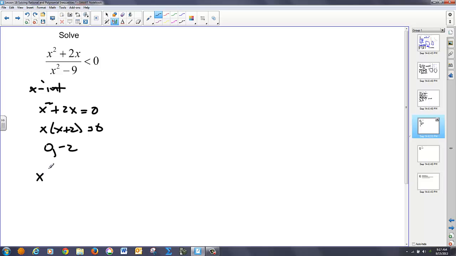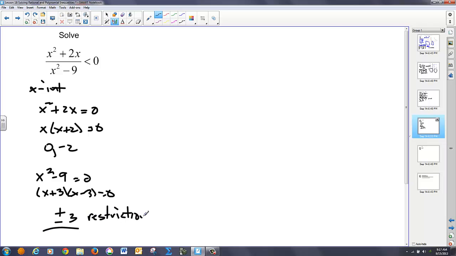I have x squared minus 9 equals 0. We get x plus 3, x minus 3, and plus and minus 3 here. Now, these are restrictions, or asymptotes.